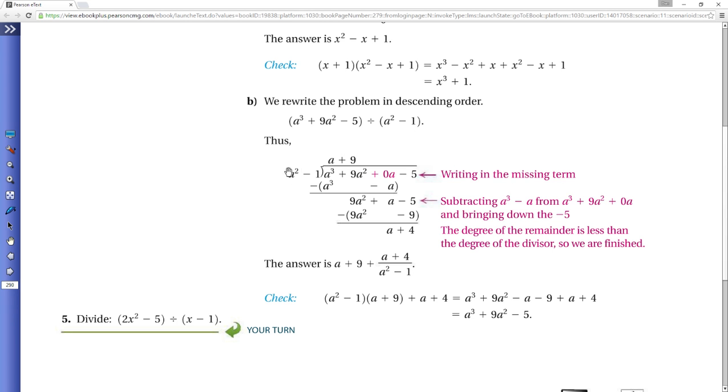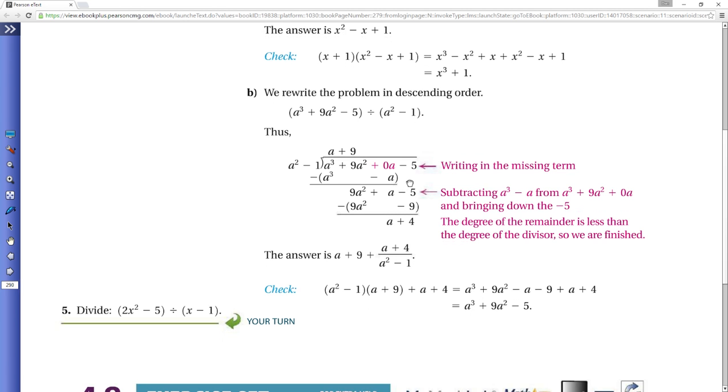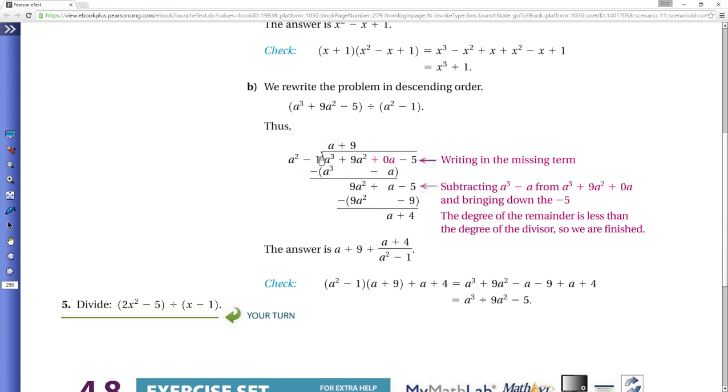So they take this and go through the division process. Now notice in this case, which is a nice example to look at, I don't get a like term for this 9a squared. So what they do is basically say there's a 0 there, and you subtract 0, you end up with 9a squared. So a times a squared is a cubed.